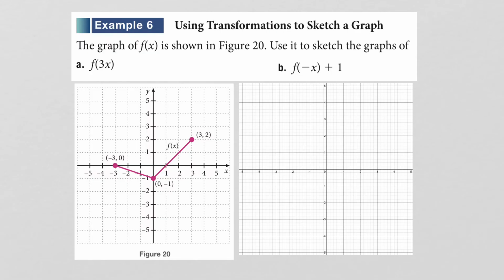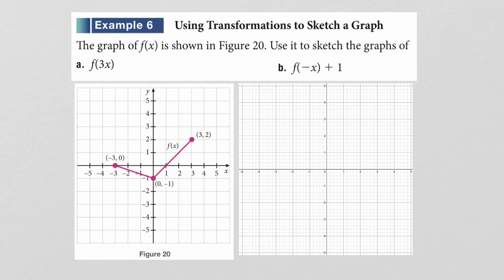So here we have a graph of f of x. And what we want to do is use this graph to sketch the graph of f of 3x. So what we need to do is remember, what does the 3 do when it's inside the function being multiplied by x?